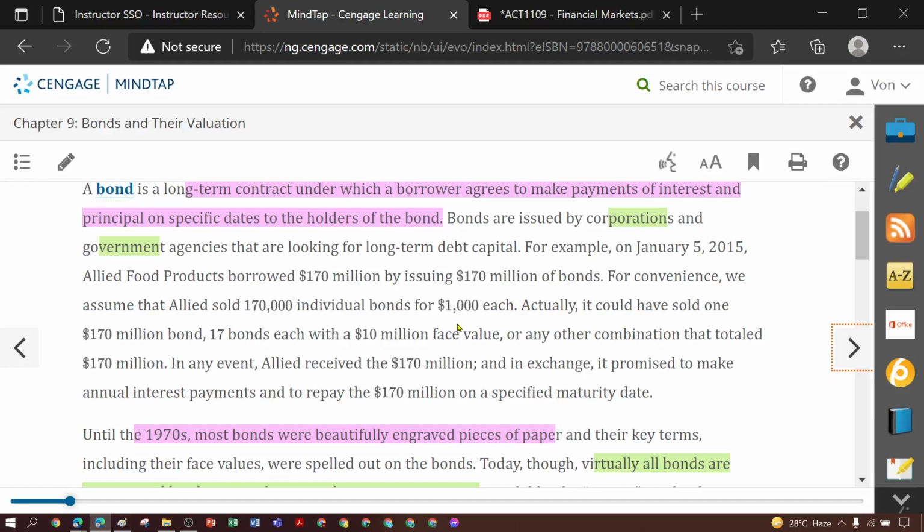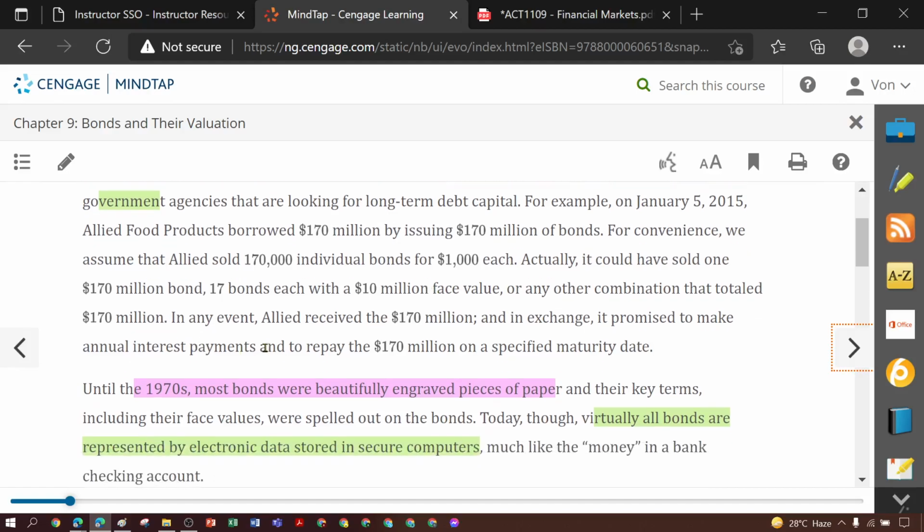Actually, it could have sold 170 million bond, 17 bond each with 10 million face value, or any other combination that totals $170 million. In any event, Allied received the 170 million, and in exchange, it promised to make annual interest payments and to repay the $170 million on a specified maturity date.